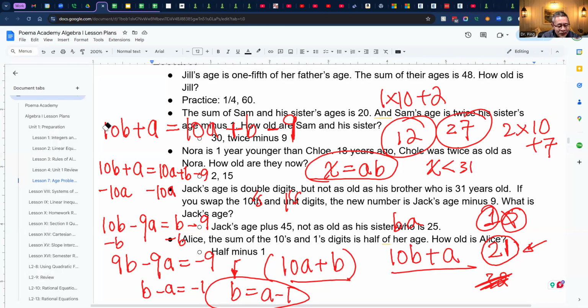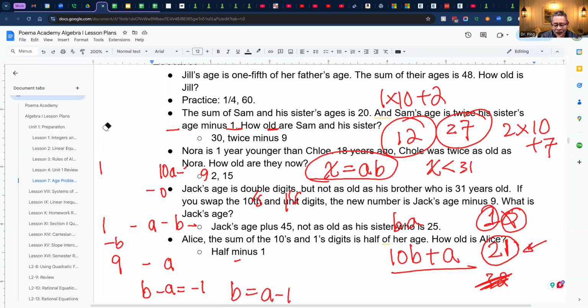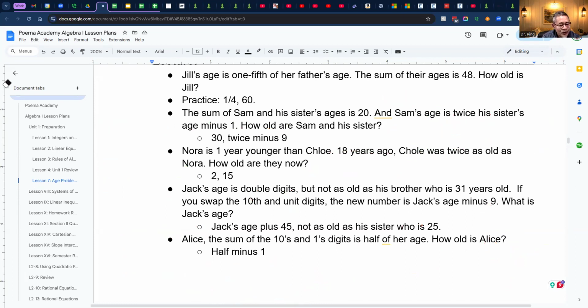And then we can see if that works. If it's 21, if we flip it, it's 12. Now, 21 minus 9 is 12. So the new number is his age minus 9.